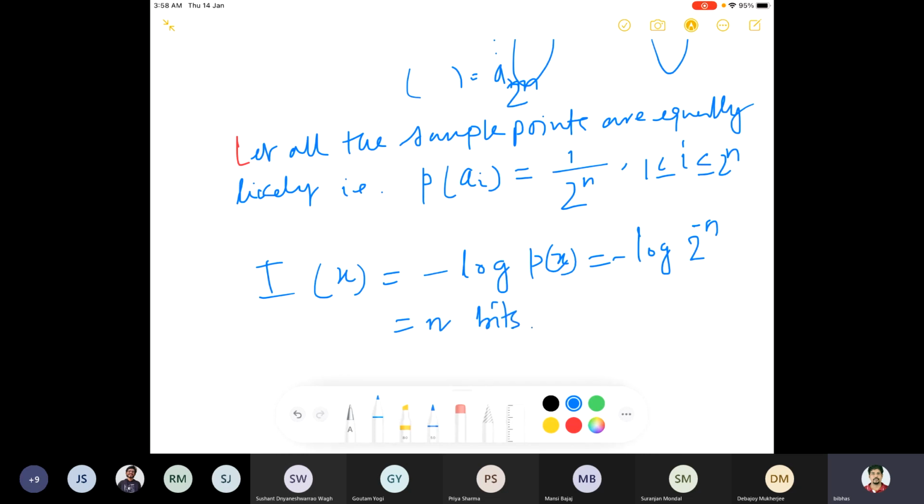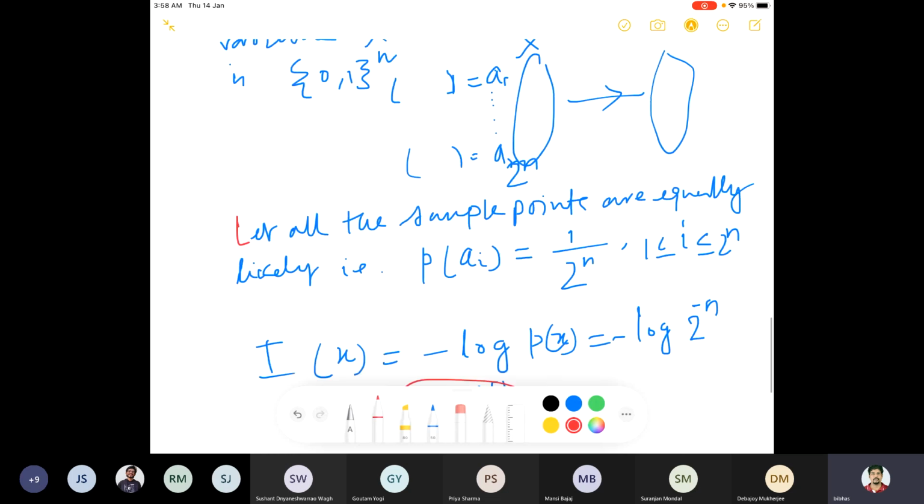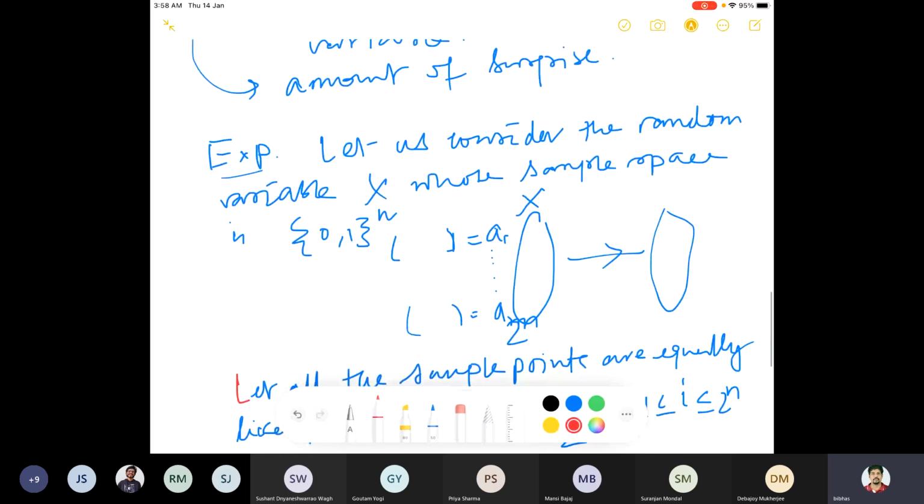Now you have a complete idea: this is an example where n bits means you want to send a binary string of 0s and 1s of length n, and for that you need n bits of space to carry or store that information. So intuitively it is clear that n bits of self information is required to specify a sequence of n binary digits.